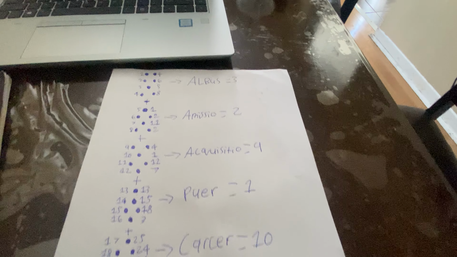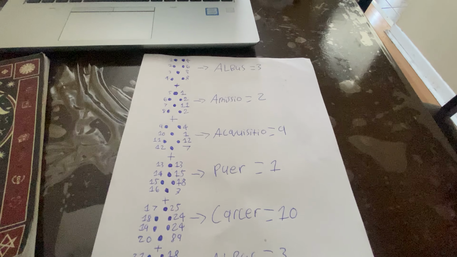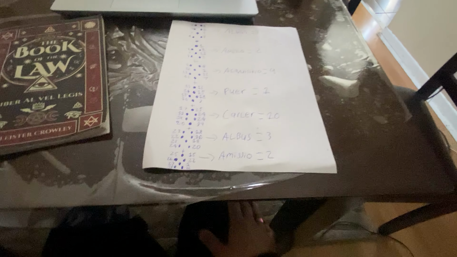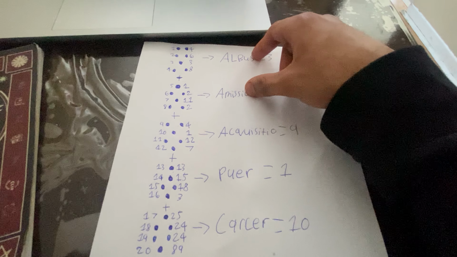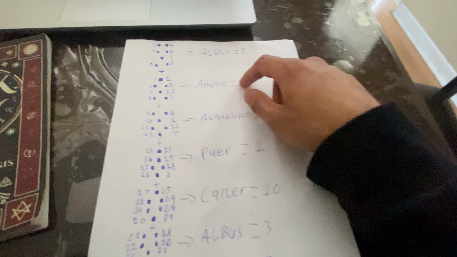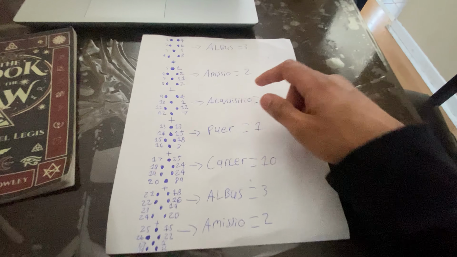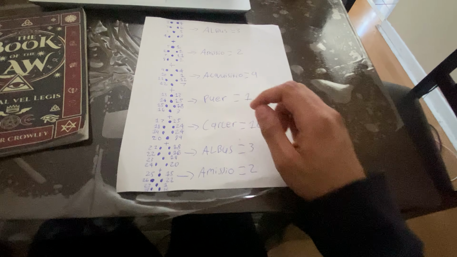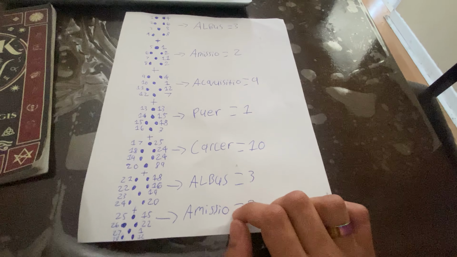One thing I will leave y'all with as a takeaway for the challenge is that notice how the decoding starts and finishes with Albus and Amicio. Albus being white, Amicio being lost, Acquisitio being acquiring, Puer being boy, Carcer being jail, Albus once again being white, and then Amicio being lost.